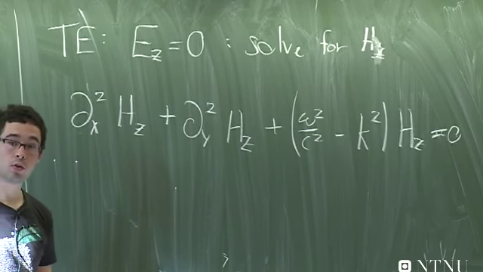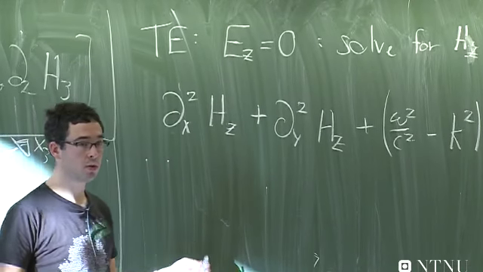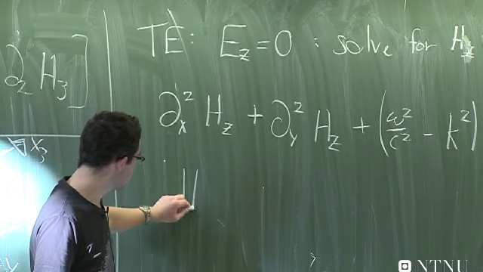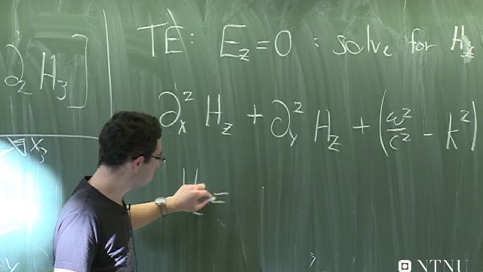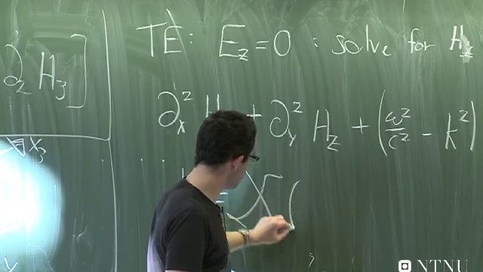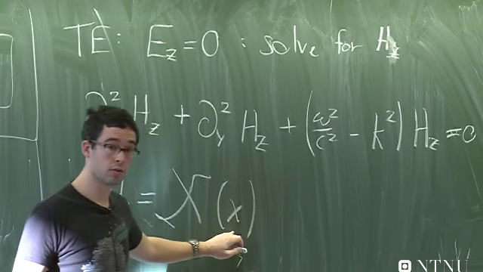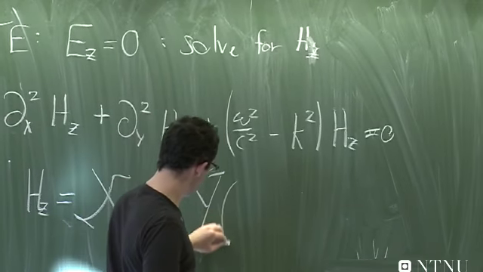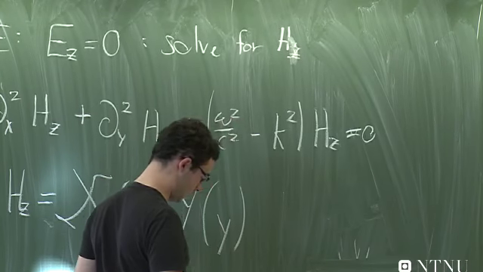Okay, and now we're going to try to see if this equation is separable, meaning that I will assume a solution for H set of the following form. H set is equal to large X of x, the position in the x direction, times large Y of y in the y direction.